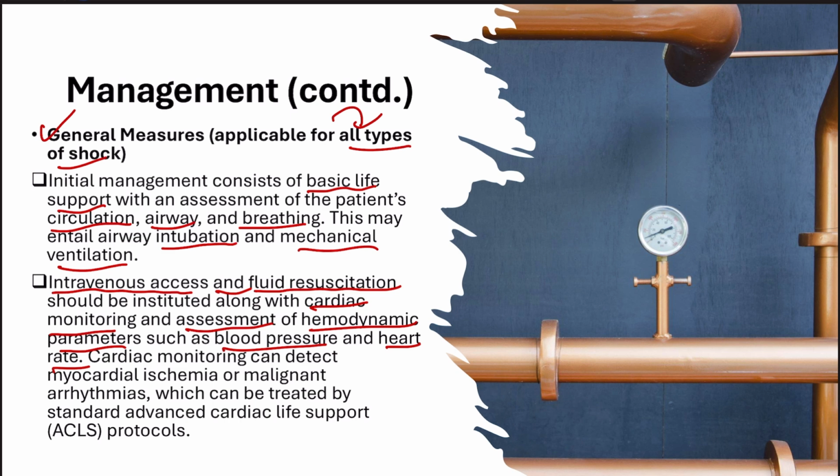We need to monitor continuously as we do the fluid resuscitation. Cardiac monitoring can also help us detect myocardial ischemia or any malignant arrhythmias, which will be managed by advanced cardiac life support. So these are the first two steps seen in the general measures.